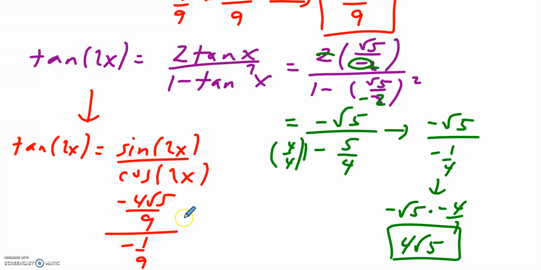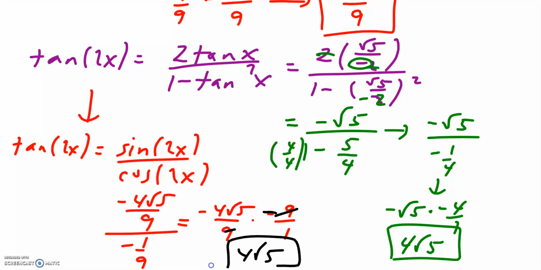So that's the same as negative 4 root 5 over 9 multiplied by the reciprocal, negative 9 over 1. These would cross out, and so my answer would still be a positive 4 root 5. Either way is awesome. You might be thinking this way is faster. Go for it. If you see it, go for it instead of this identity.